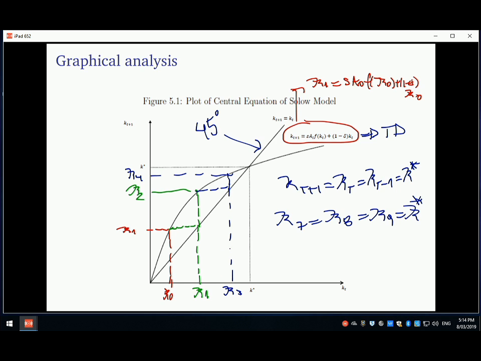So that implies that the economy will go from one equilibrium, k0, to the other equilibrium, k star, in a smooth way. So capital will increase, but then won't increase so much until it reaches that. And that can be seen in the next figures, basically. Is this clear to everyone?